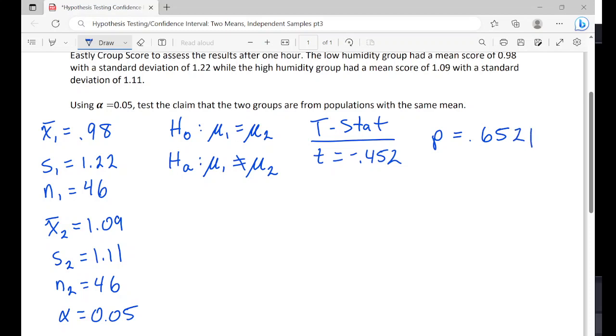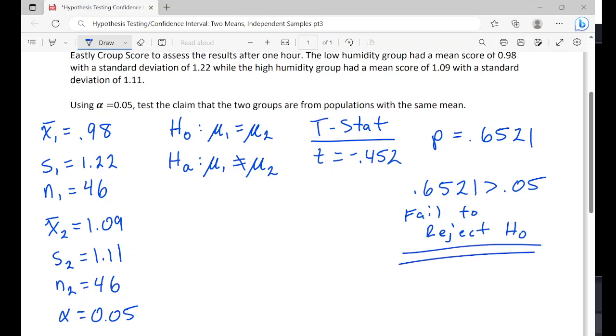I'm going to use the p-value method to test the claim, so p compared to alpha. 0.6521 is obviously greater than 0.05. So since it is greater than, we can say, since the p is high, we fail to reject the null.